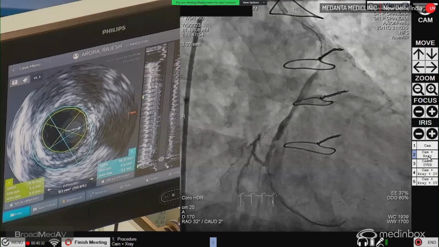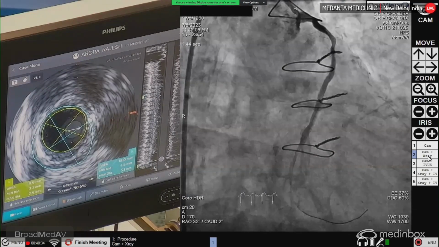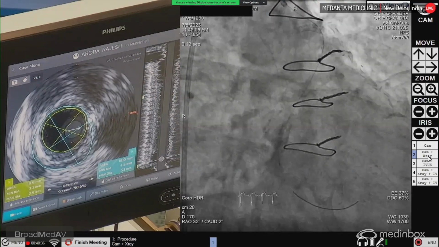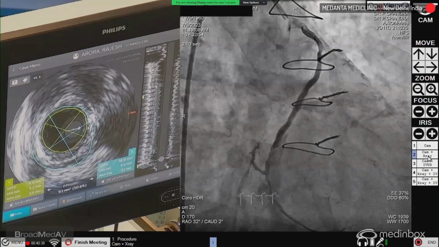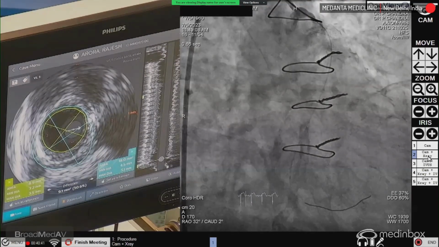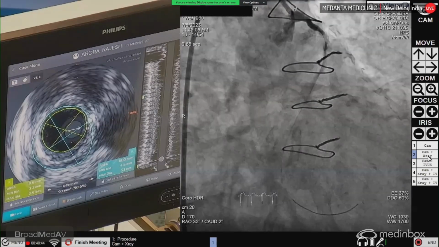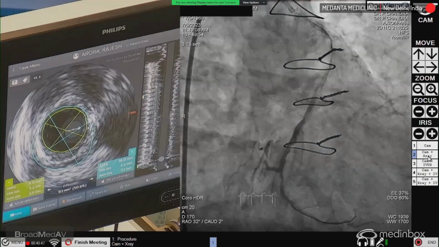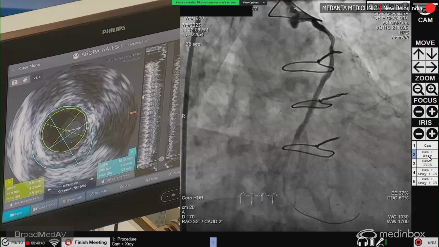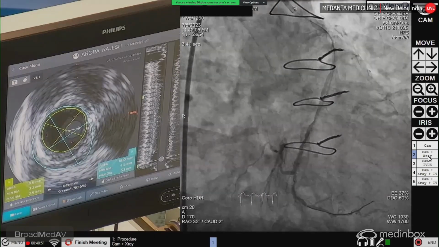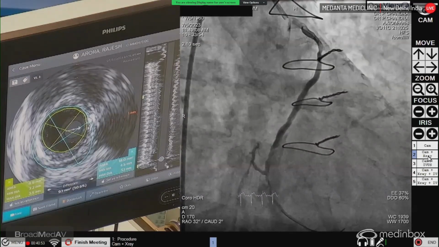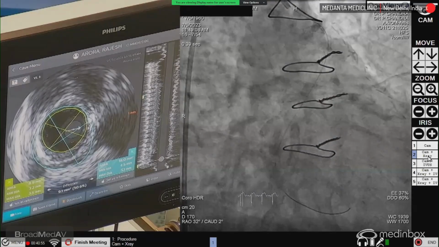So I'll use a 3 by 12. 3 by 12 is our Summit, which is again the same Probucol plus sirolimus eluting stent. Probucol is the drug which controls the release of this sirolimus from the stent, and there is no polymer coating on this.